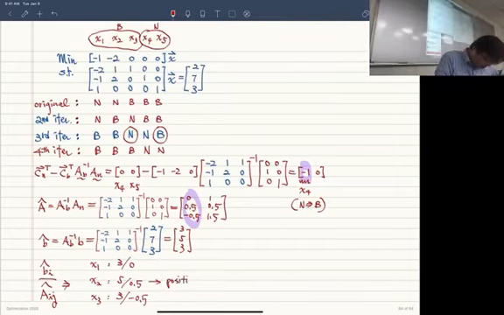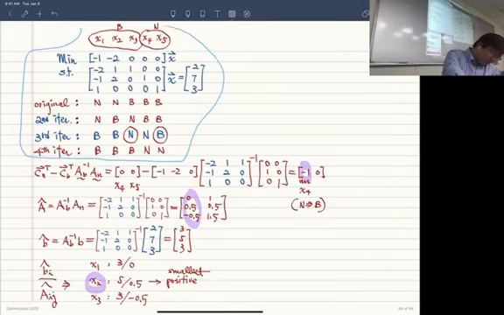So let's swap 2 and 4. Let's see what happened. I hope this is the final version, final iteration.